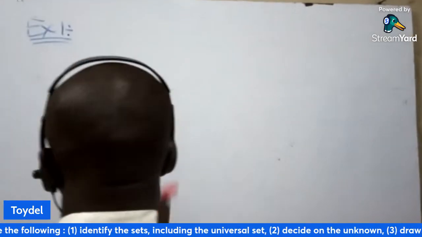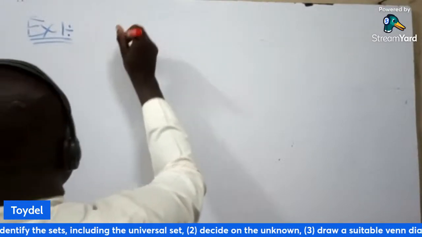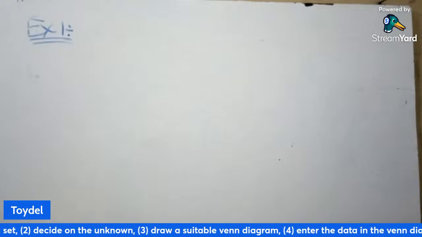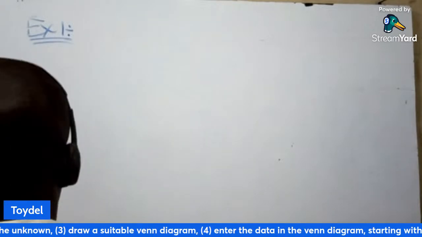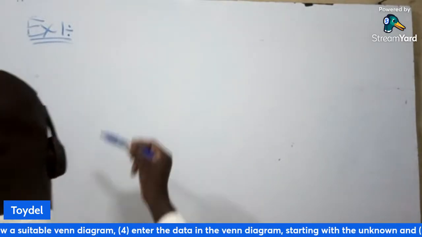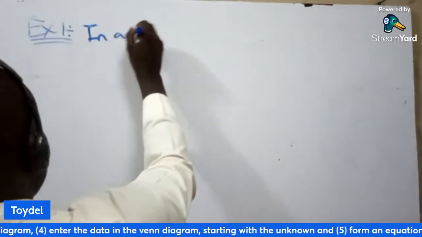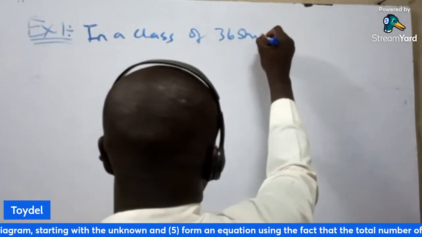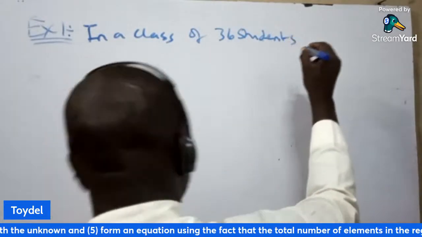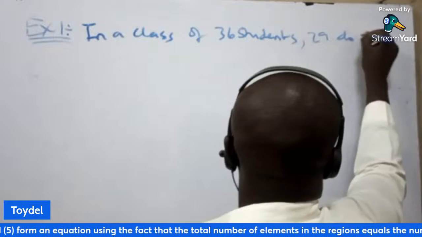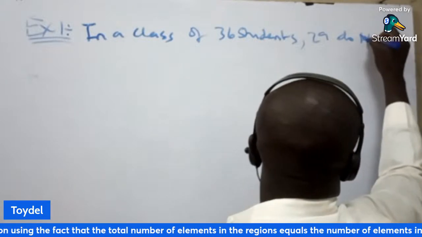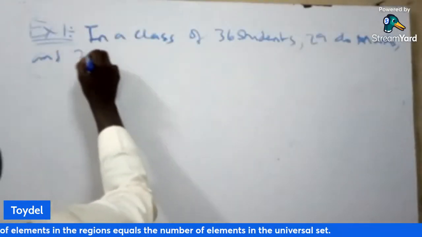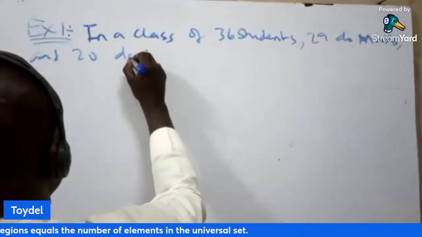The question says, in a class of 36 students, 29 do mathematics and 20 do chemistry.